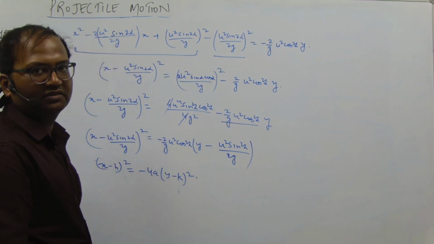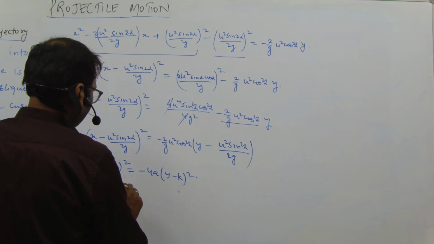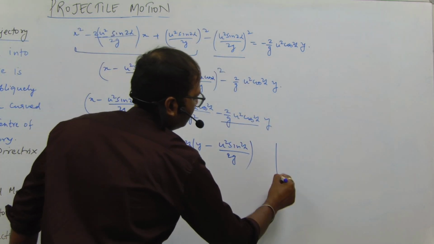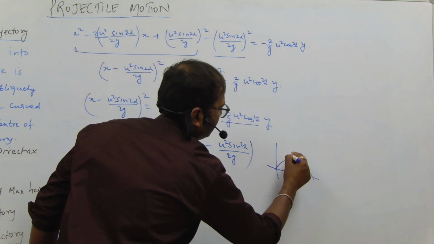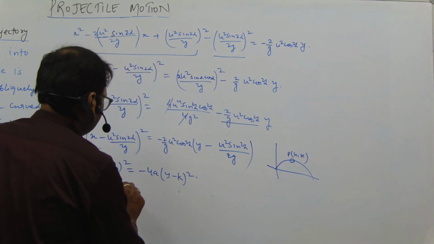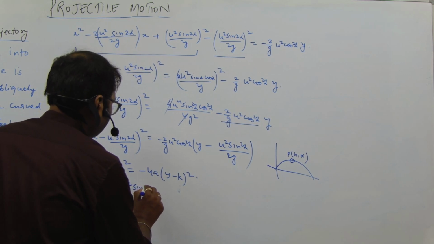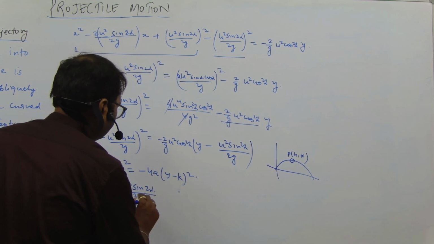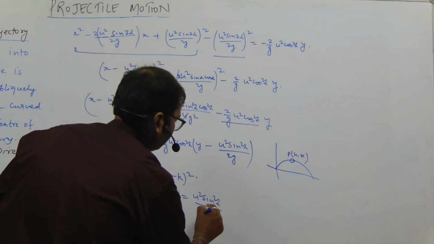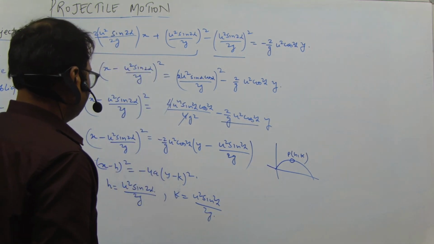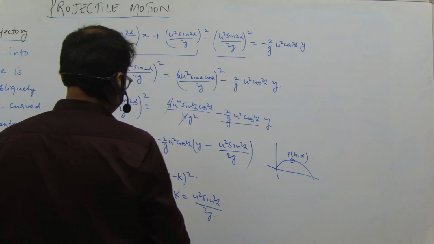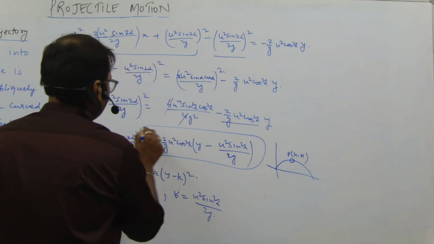On comparing, the vertex of the parabola is (h, k), with h = u² sin 2α/2g and k = u² sin² α/2g. So this is the vertex of the motion of the projectile.